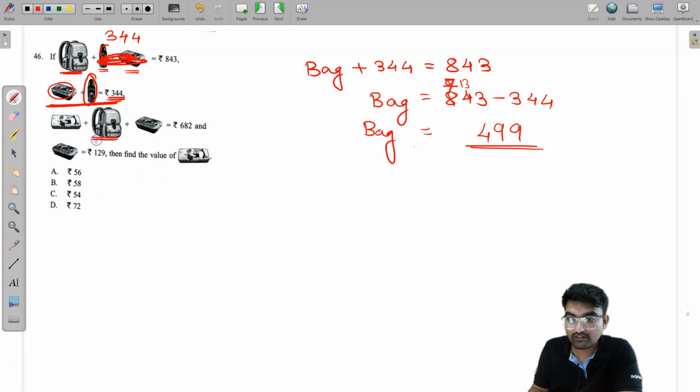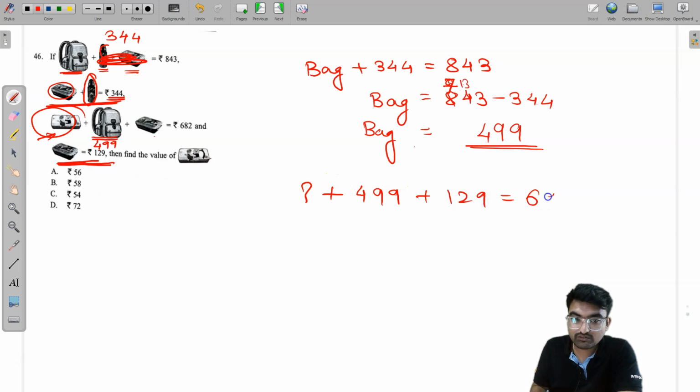Now the value of bag is 499, and they have given the value of this box as 129, right? So this unknown box, we have to find out the value of this box. So question mark plus value of bag plus the value of this box, that is 129, is equal to 682 rupees, correct?